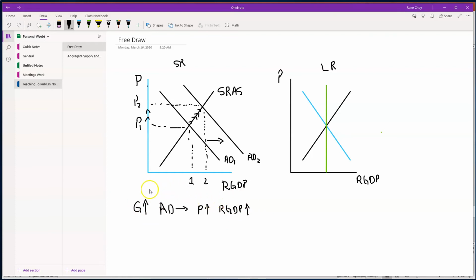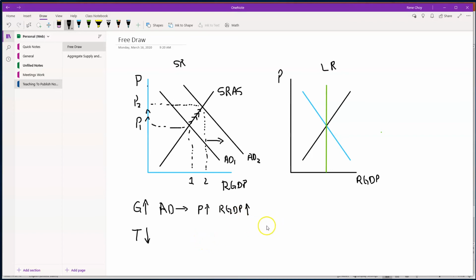Another thing that creates a similar effect is a decrease in the level of tax collection by the government, or what people call a tax cut. So a decrease in the level of taxes, we're using the letter T for taxes here, creates a very similar effect as what you see up here.